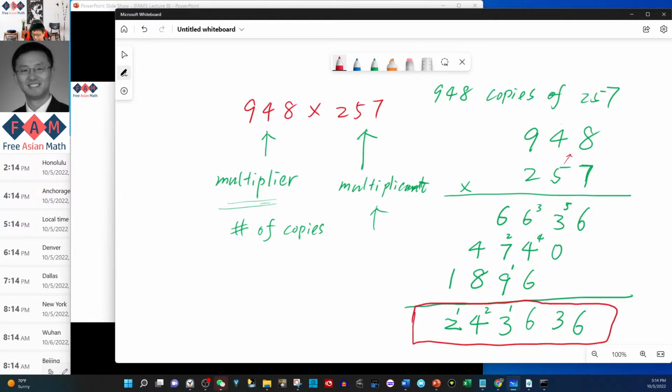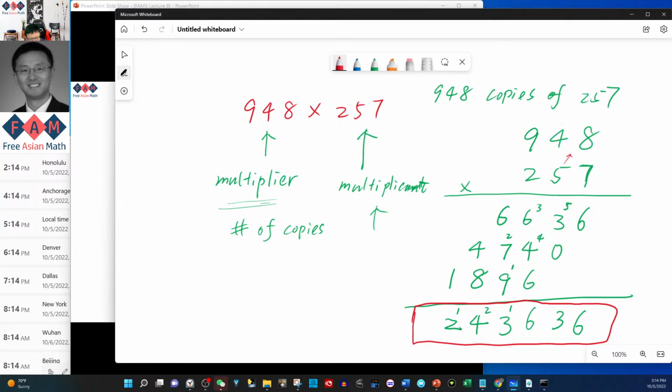You may think this is complicated, but think about the alternative. Without this, you have to repeatedly add 257 in a total of 947 times to the very first copy 257. This is nothing, right?